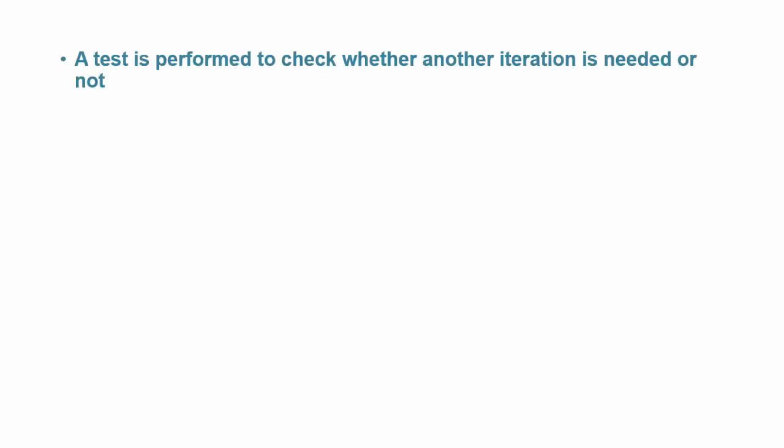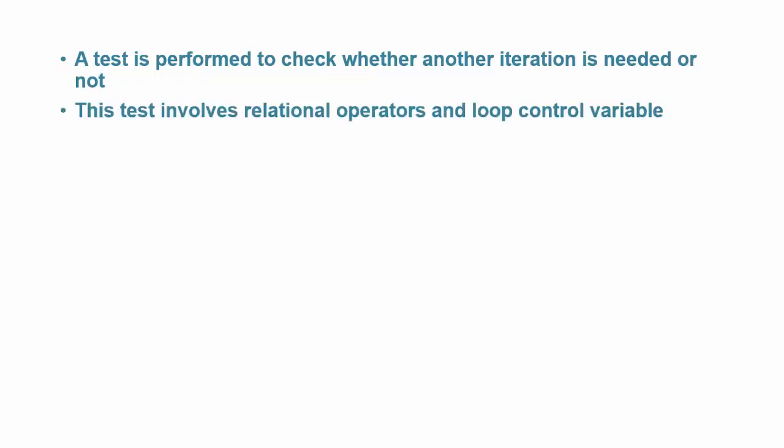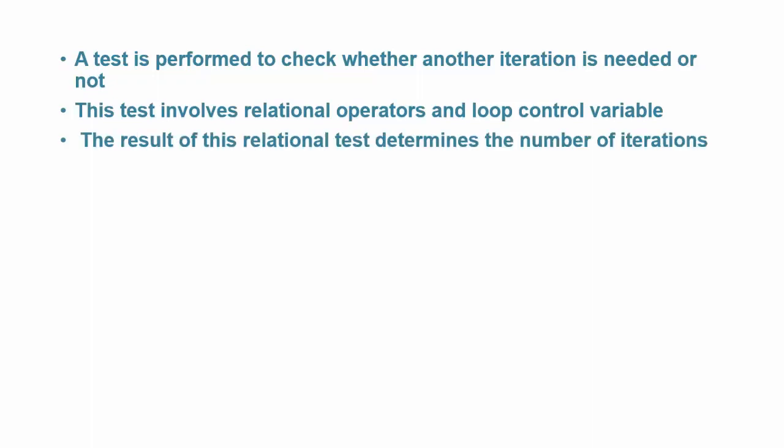The second condition of a loop is that a test is performed to determine whether another iteration through the loop statements is needed. Usually, this test involves a relational operator and the loop control variable. The outcome of the relational test determines if another pass is made through the statements controlled by the loop.